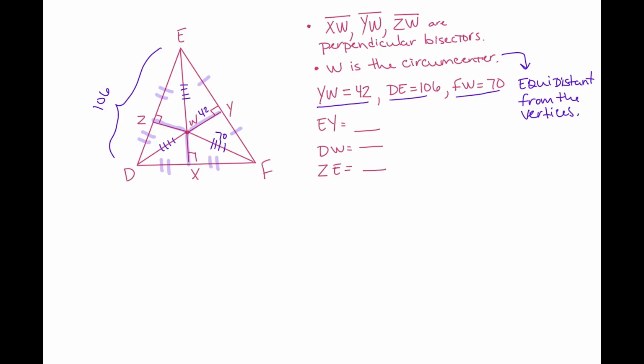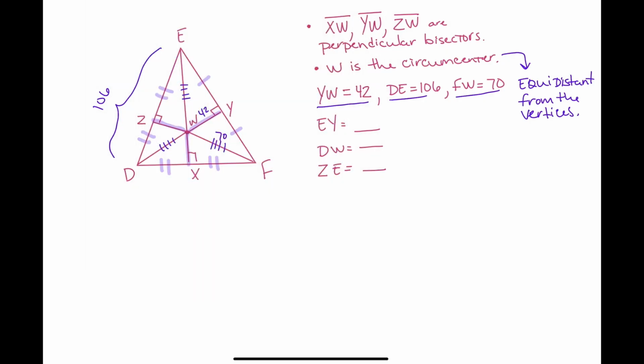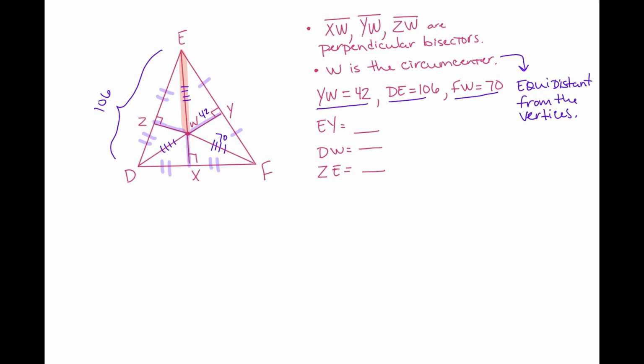One goes to the side, one goes to the vertex. So it wants us to find EY. Let's look at EY. What do we know about EY? All I know right now is that FY is the same as EY.